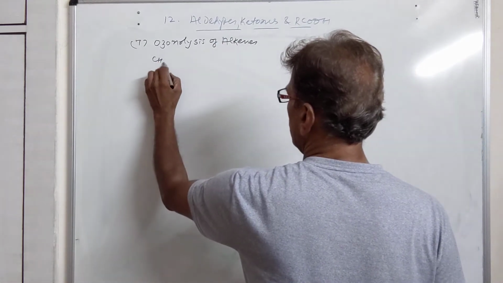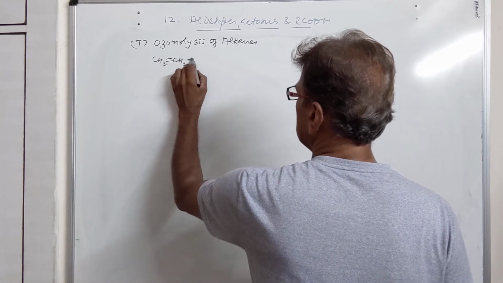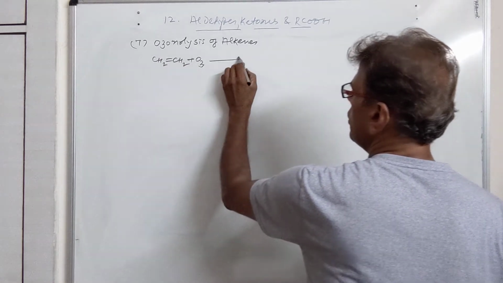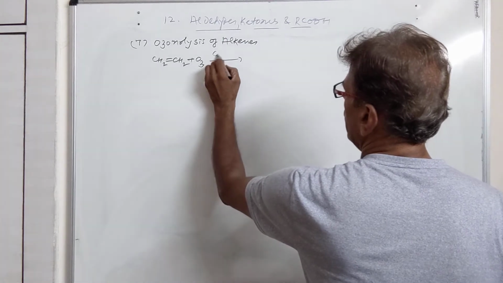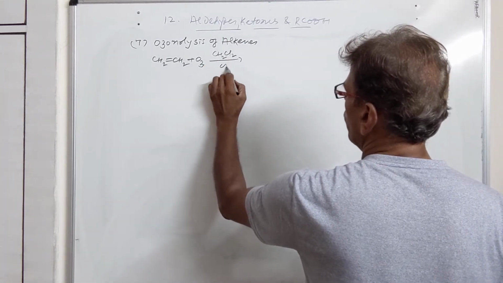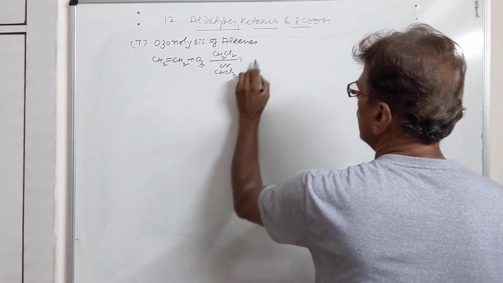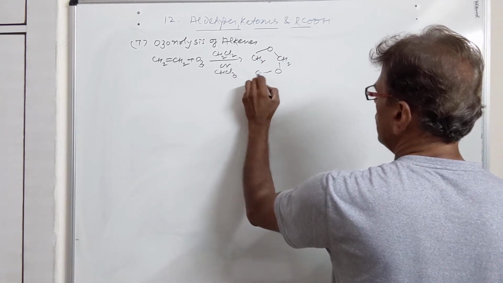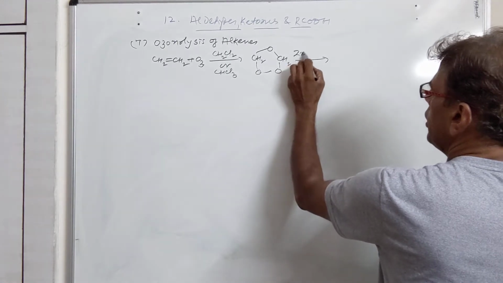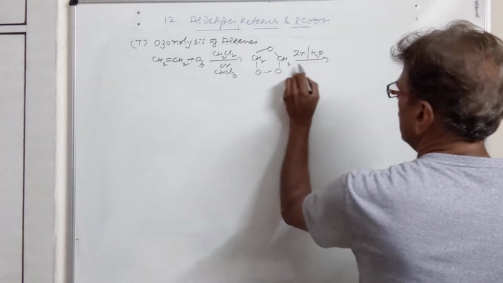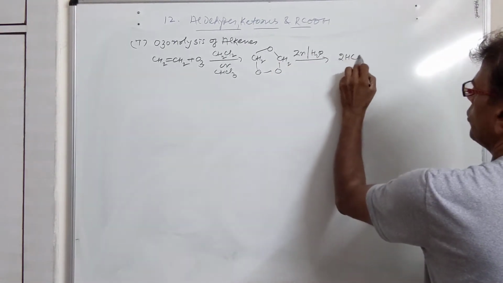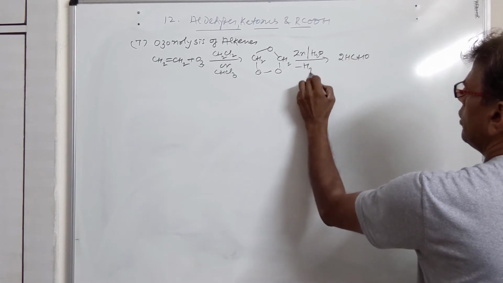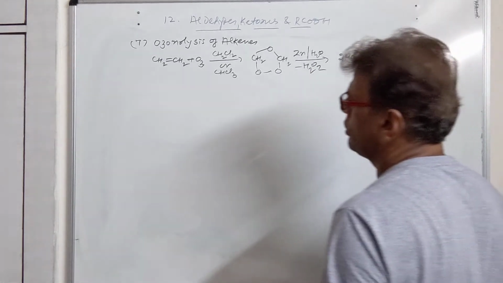Suppose we are having only ethylene, it is treated with ozone in the presence of solvent CH2Cl2 or chloroform. It will first of all form ethylene ozonide. This ethylene ozonide, when treated with zinc and water, will give you two molecules of formaldehyde. H2O2 is lost here.